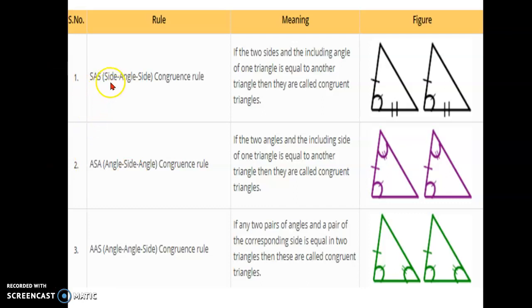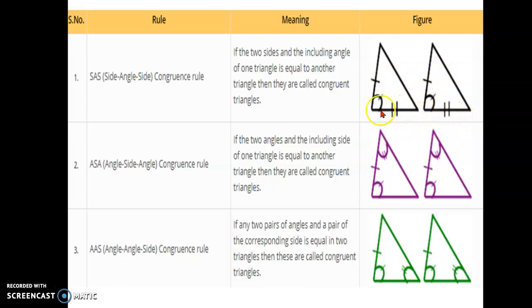SAS, that is the side angle side congruence rule. If two sides and the included angle of one triangle are equal to those of another triangle, then they are called congruent triangles. In this figure, these two sides are equal, as one dash shows, and this other side is also equal.